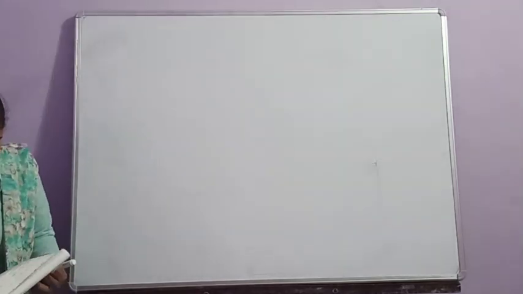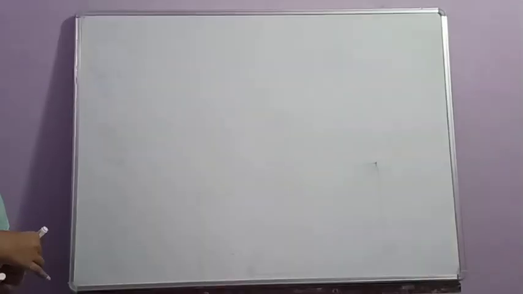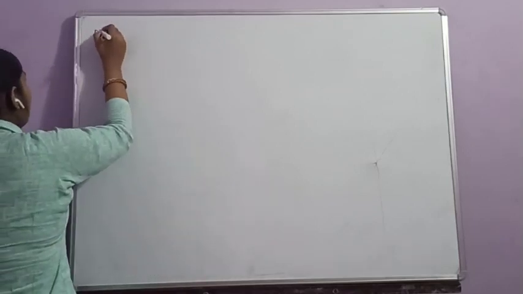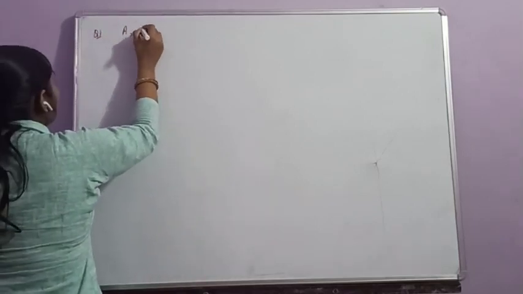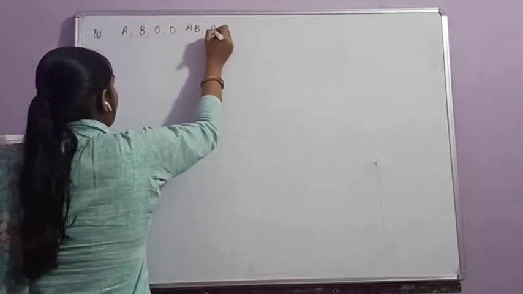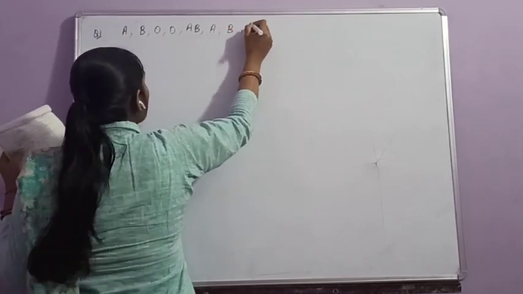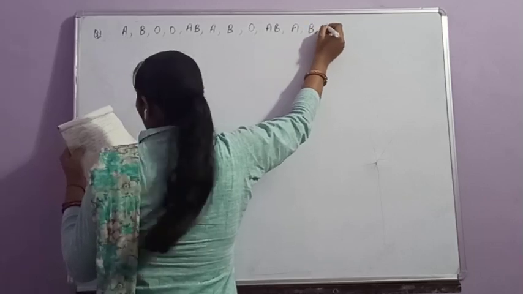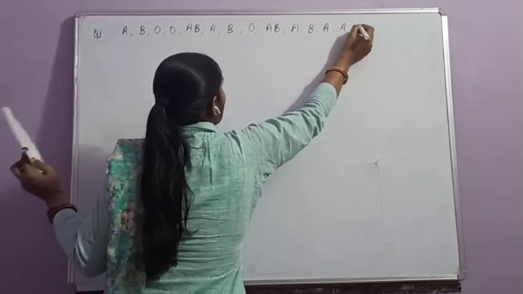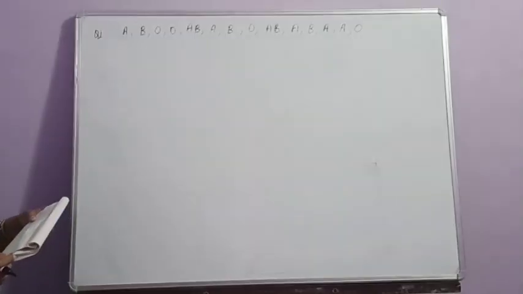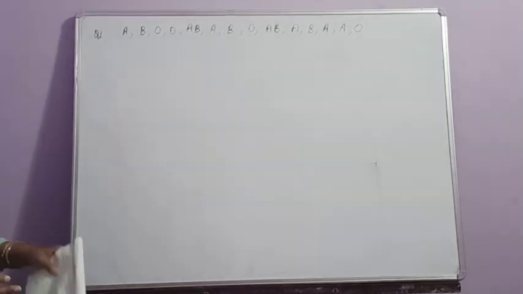Next is: blood groups of students of class 8 are recorded as follows. Blood groups are recorded as A, B, O, O, AB, A, B, O, AB, A, B, A, O. Here we have to find out the most common and most rare blood group among these students.